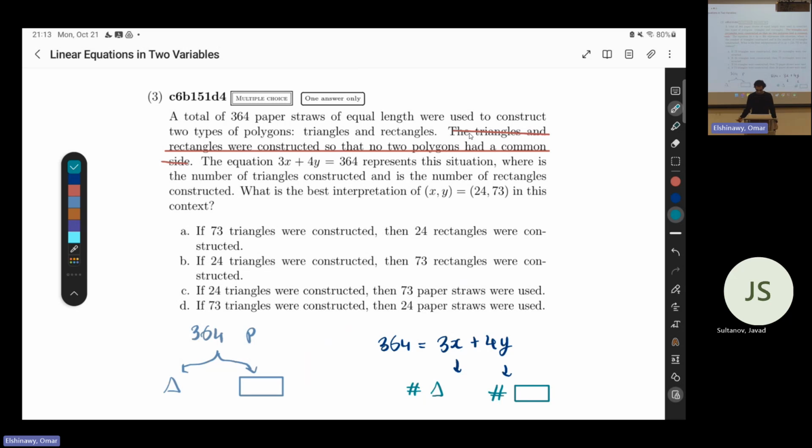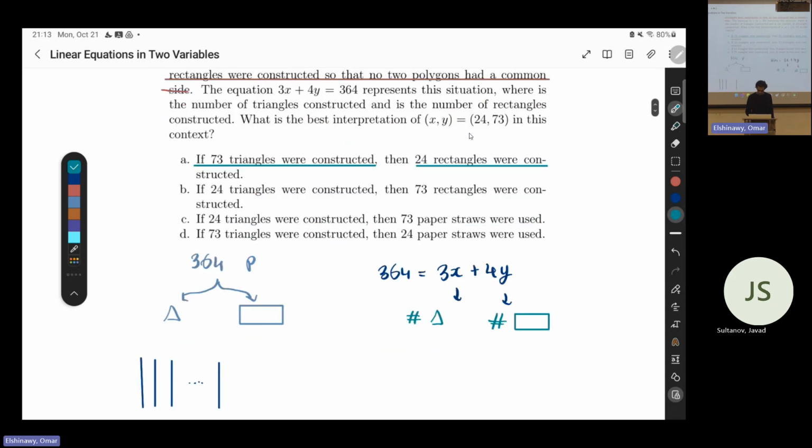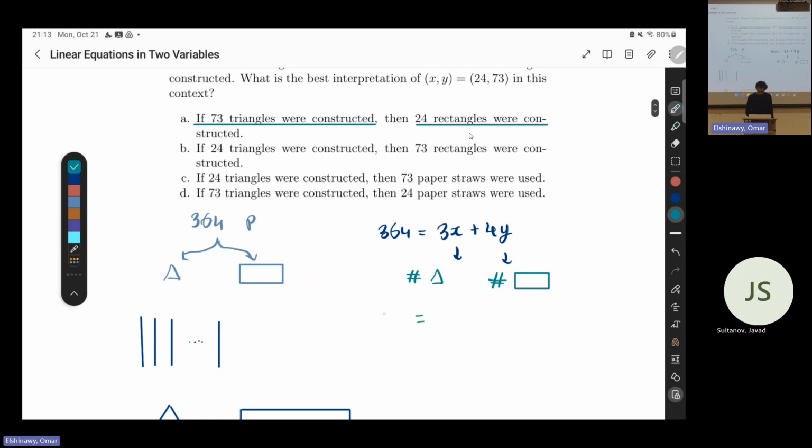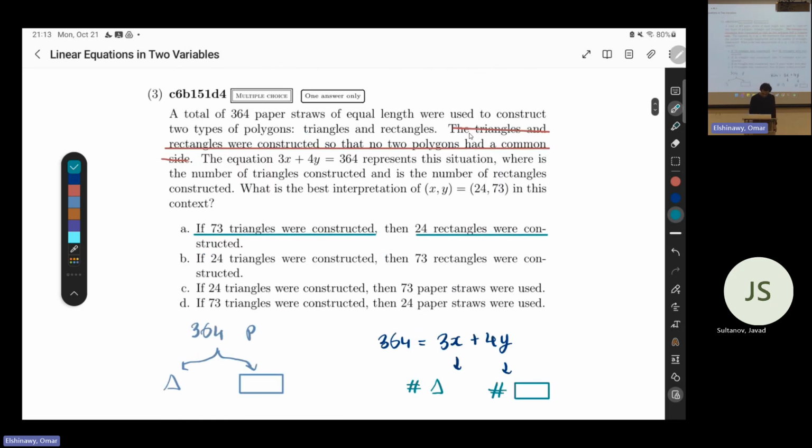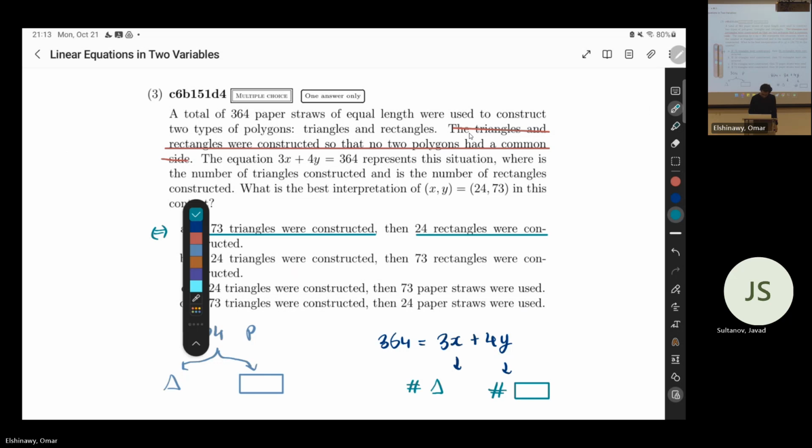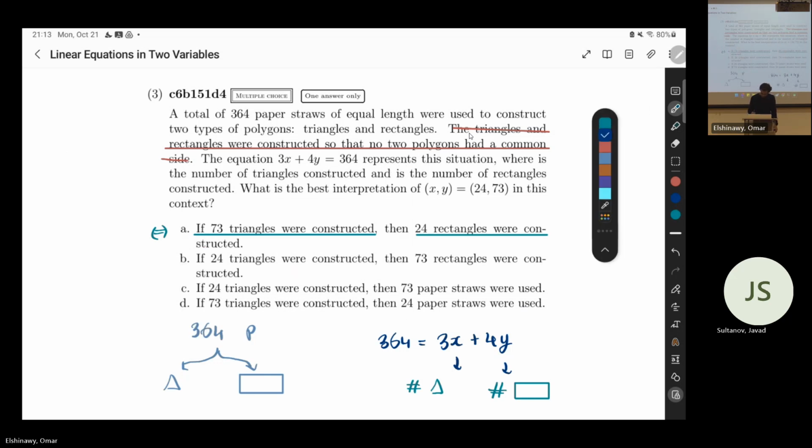So let's look at the first statement. If you have 73 triangles, then you can make 24 rectangles. What this statement is saying is that this 364 can make 73 triangles and 24 rectangles.